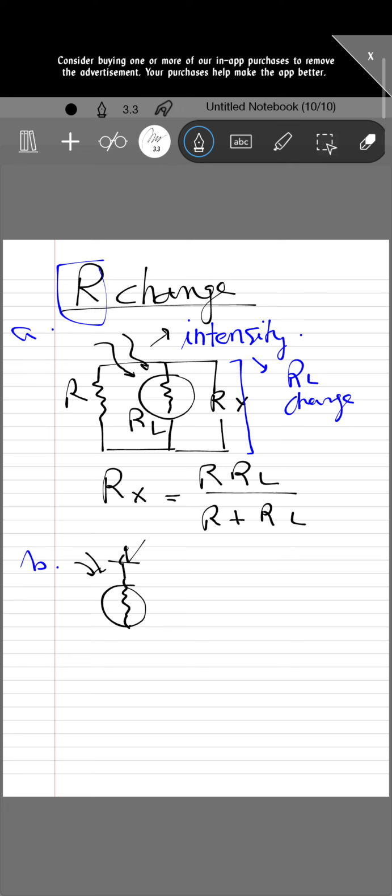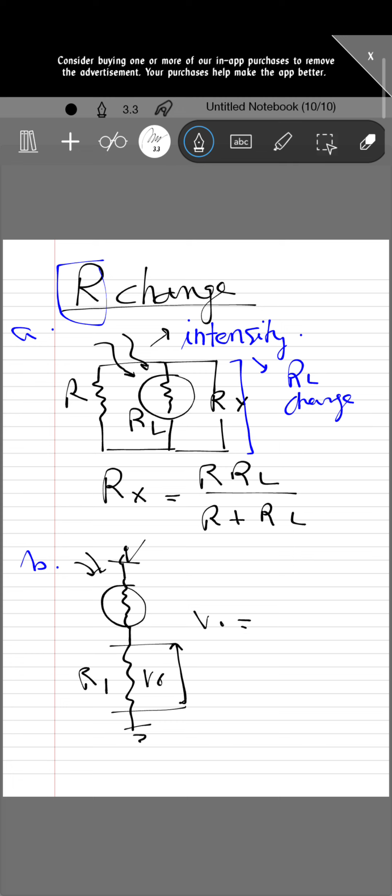Then there is a resistance here, let's call it R1, and across it we have the output V0, and this is grounded here.